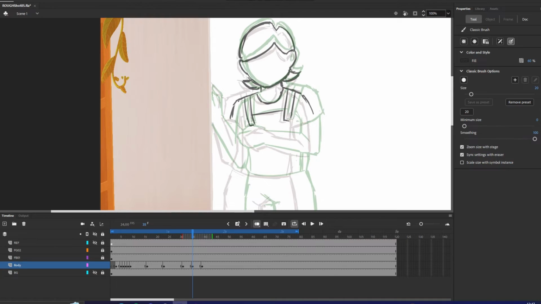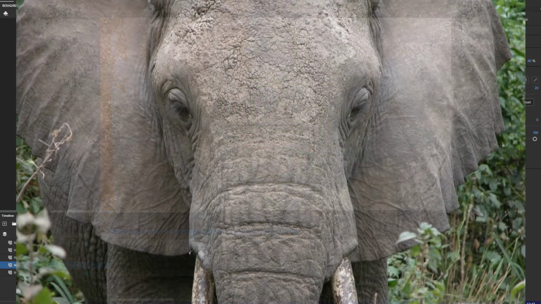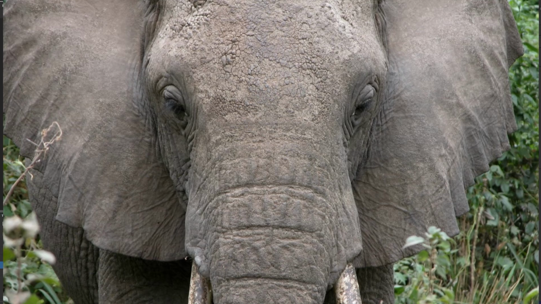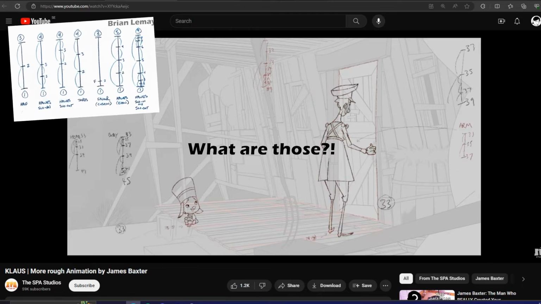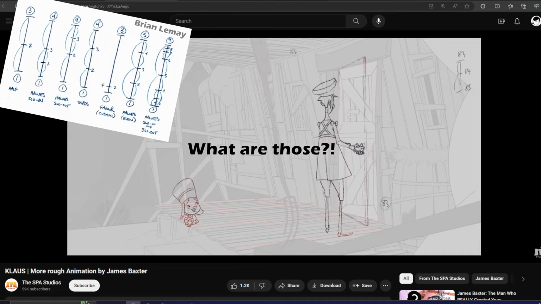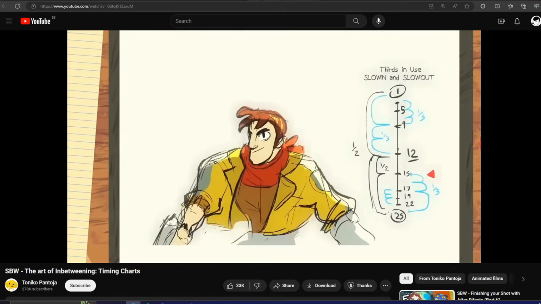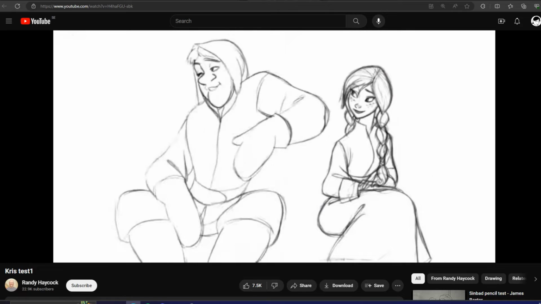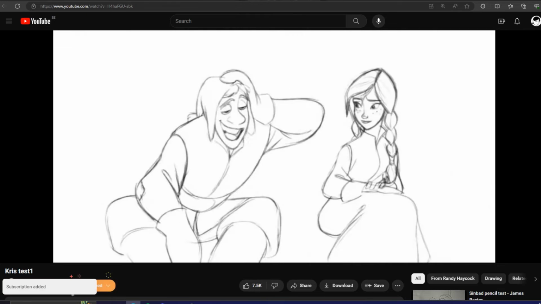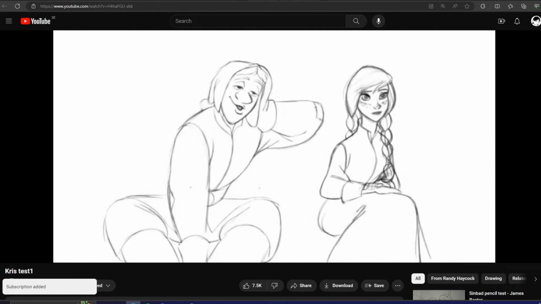Then there's the elephant in the room to self-taught animators that haven't gone to school, and that is, what the hell are those? So you'll see these everywhere when you're looking at other people's roughs. And naturally, you'll be thinking, should I be doing this? What is this?